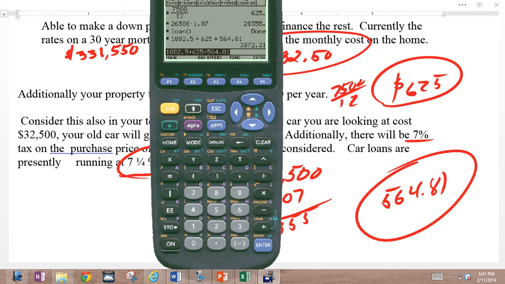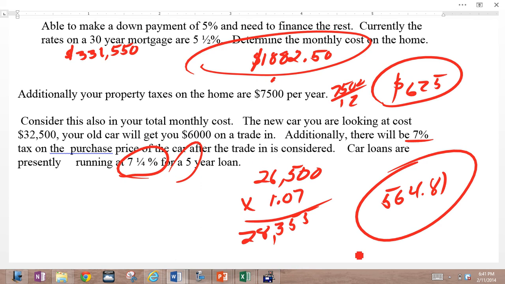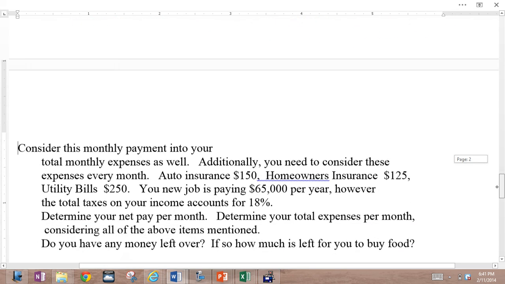And I think we can just start tallying things from here. Let's bring this up to 3,000. Okay. So let's see what else we have to add into our expenses here.